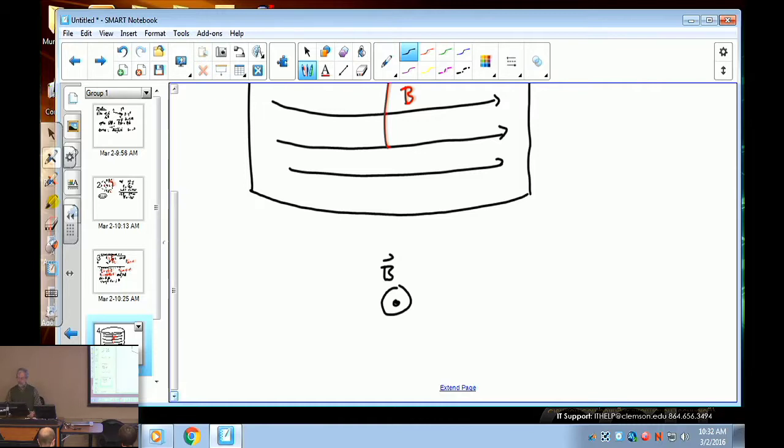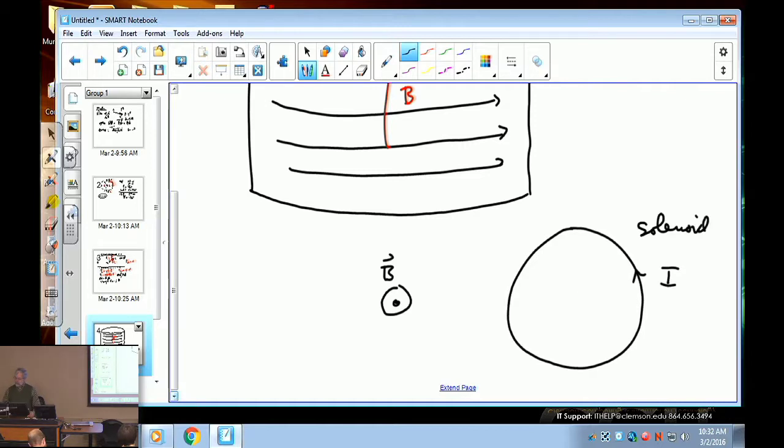I'm going to put a current-carrying loop in there. The way to remember this is, here's the current flowing in the solenoid. I put my little current-carrying loop inside that, so here's the current in the solenoid and the current in the loop.